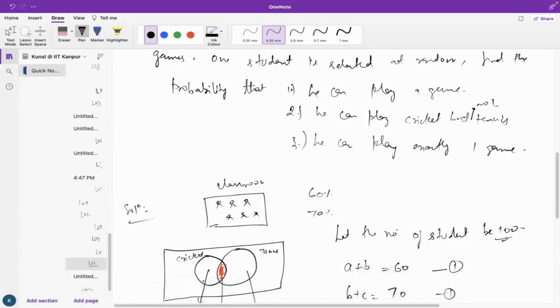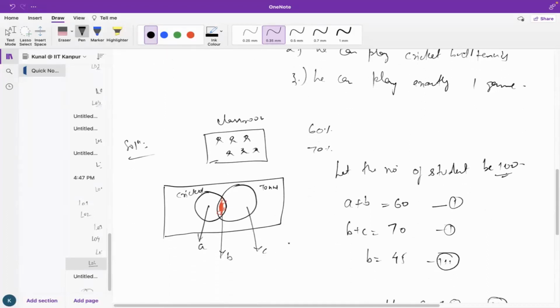What is this region actually representing? This region represents the player who only plays cricket, this region represents the player who plays both cricket as well as tennis, and this region represents the player who only plays tennis. So this is the thing that we are considering.